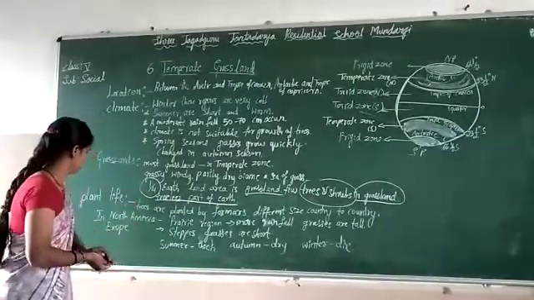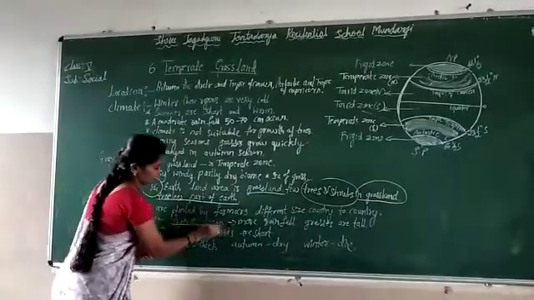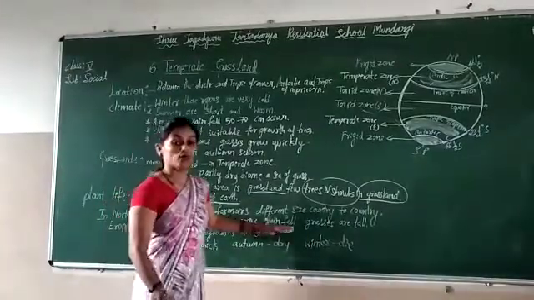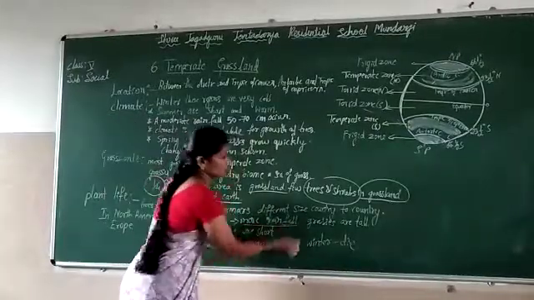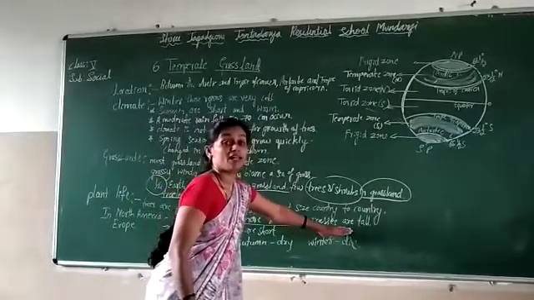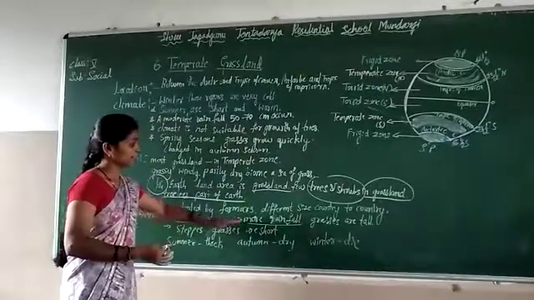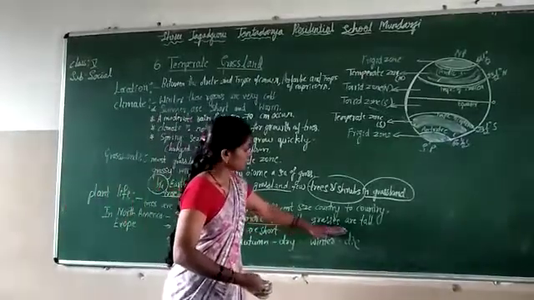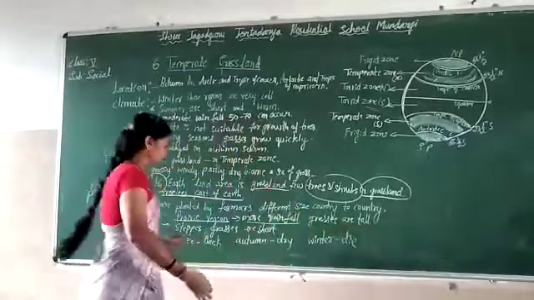In North America, the Prairies region gets more rainfall. That grassland takes more rainfall, so the grasses in those places are tall. When a place gets more rainfall, the grasses are automatically tall in growth.